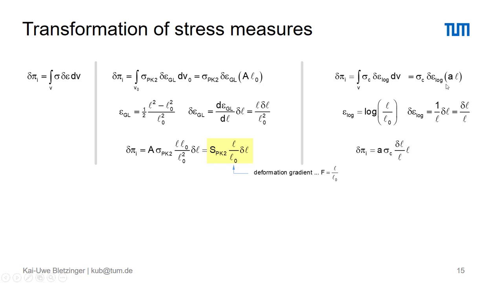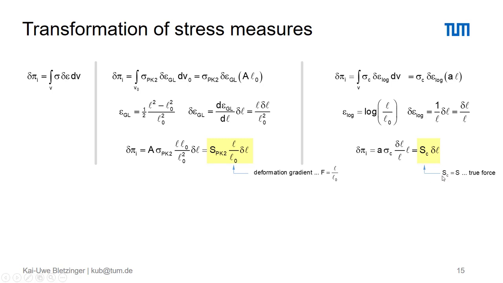Substituting that in our integral at the top, we receive this result. And you see again A times sigma, in this case the Cauchy stress, is the force, the Cauchy force S sub C, post multiplied by the variation of the length.